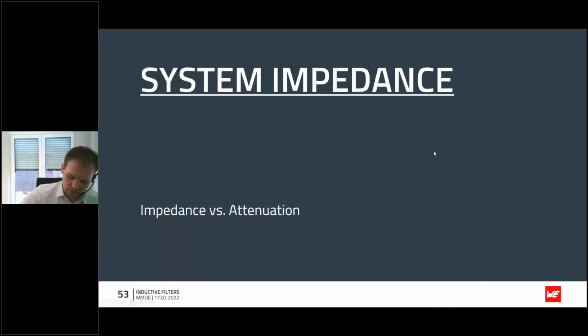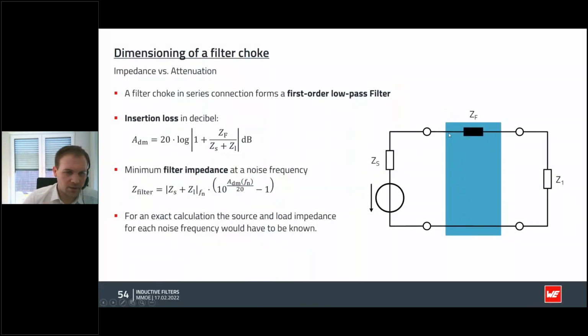Okay, last thing, system impedance. When you look for a filter, it's important not to go for the highest impedance, but rather check the ratio of the filter impedance to your system impedance.